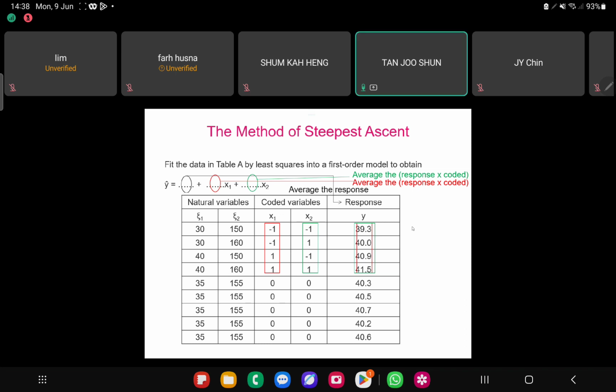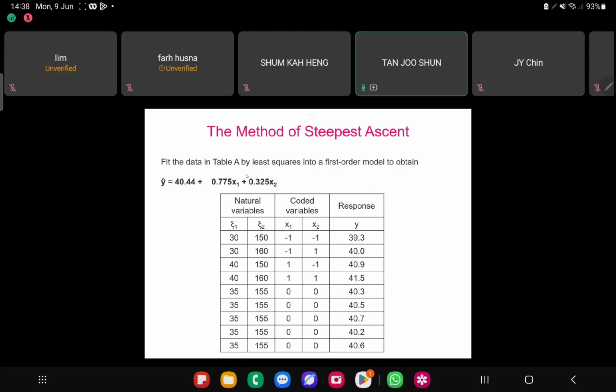So if you want to calculate by yourself now, also okay. Do you want to try? No? If no, then I will show.